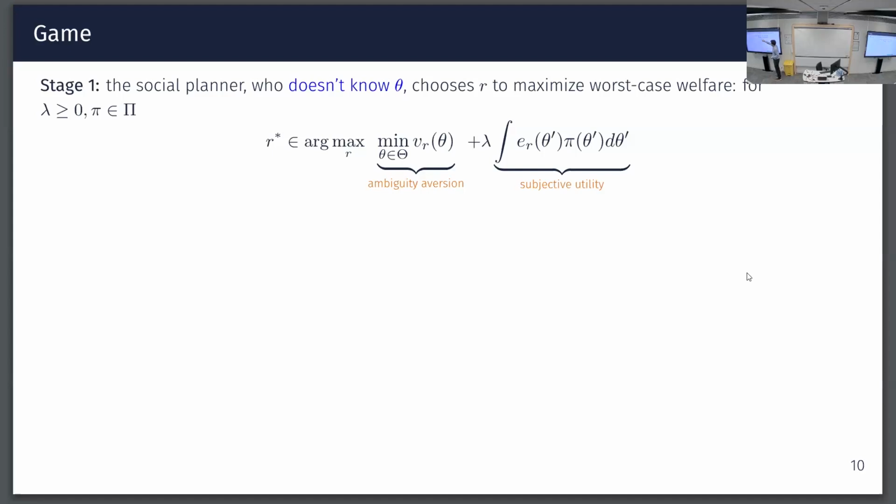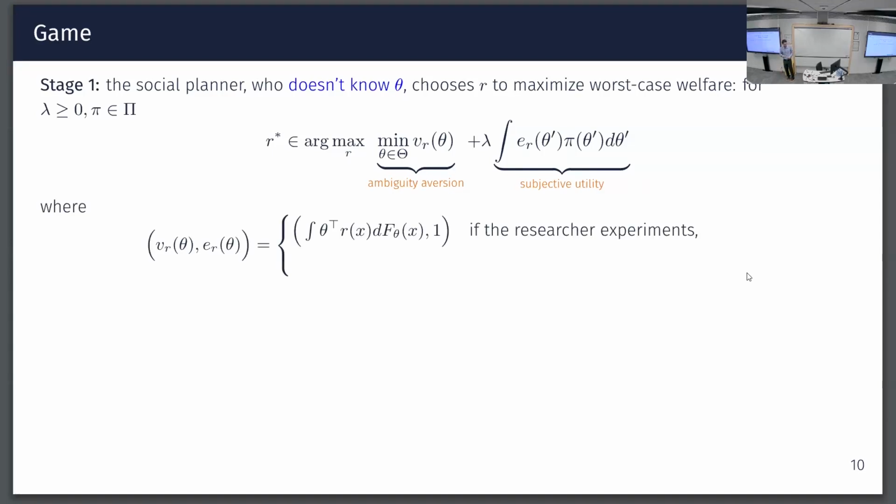Now I'm going to add to the utility of the social planner a subjective utility component. It depends on a parameter lambda, which can take any value, and it's going to depend on some prior that the social planner has over theta, and on whether the researcher has run the experiment. So this component captures the value of running the experiment in the first place.